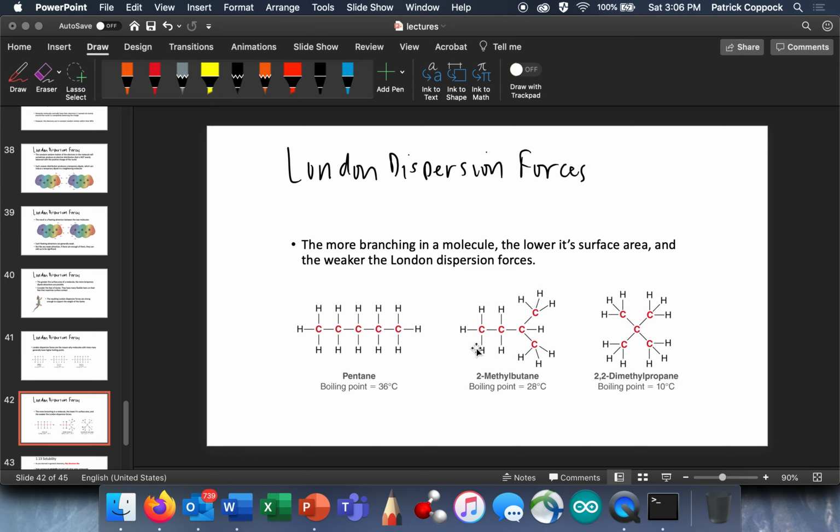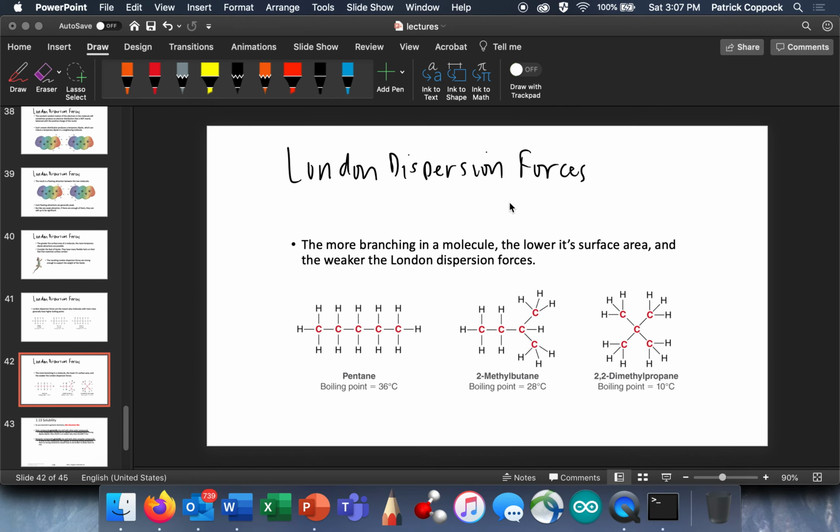You really can't tell which one has more surface area by looking at it, but it turns out this is more ballish, and this is more like a pencil. The pencil has more surface area, and look what the boiling point does. 36, 28, 10. So the more branching, the less surface area, the lower the boiling point. All right, and so that's it for intermolecular forces.